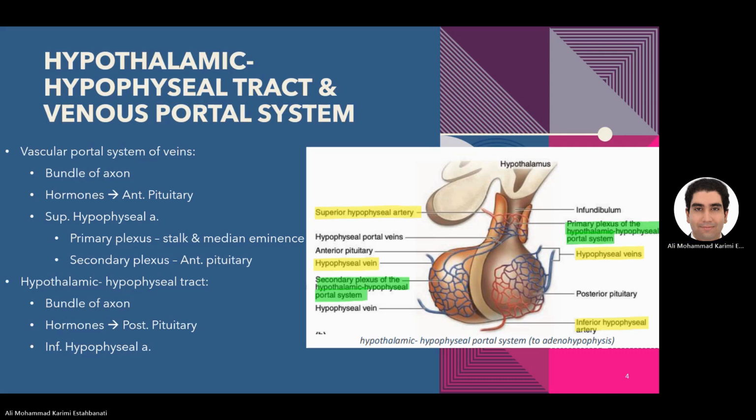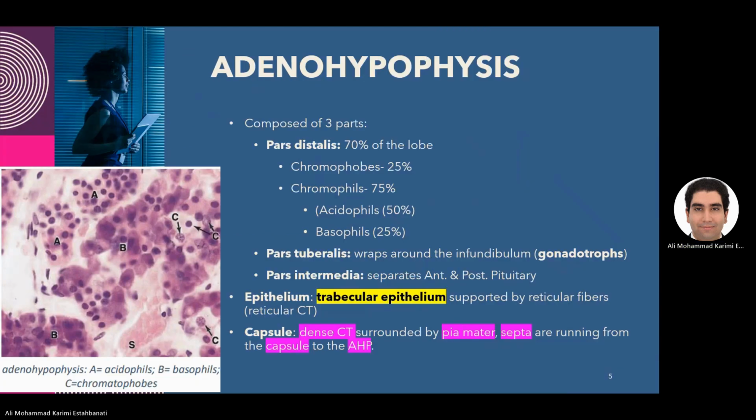Okay? Now, let's talk about the cells that we can find in the anterior pituitary. As I mentioned, the anterior pituitary, the other name for it is the adenohypophysis, and it has three parts. It has the most important part, which is about 70% of the lobe, the pars distalis.